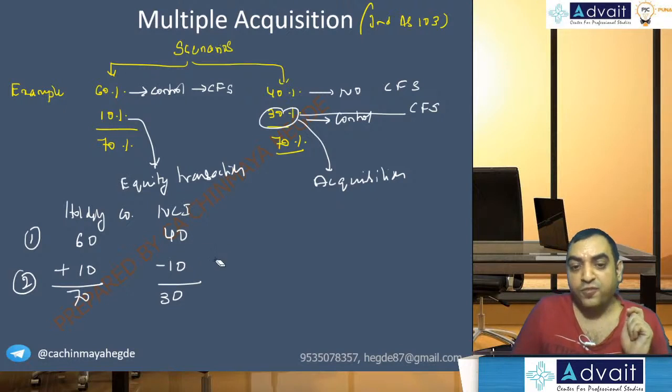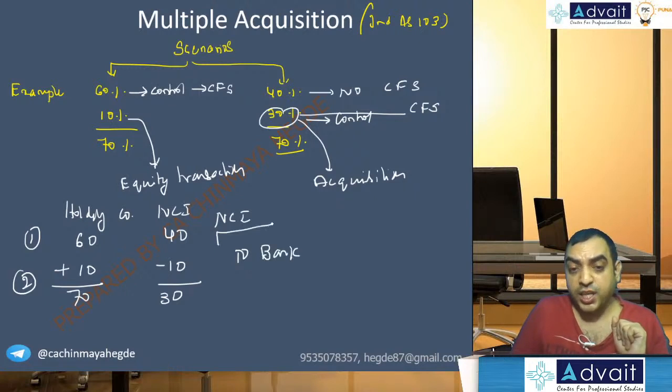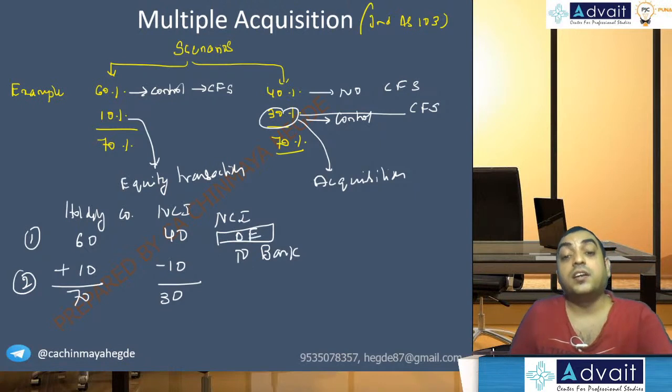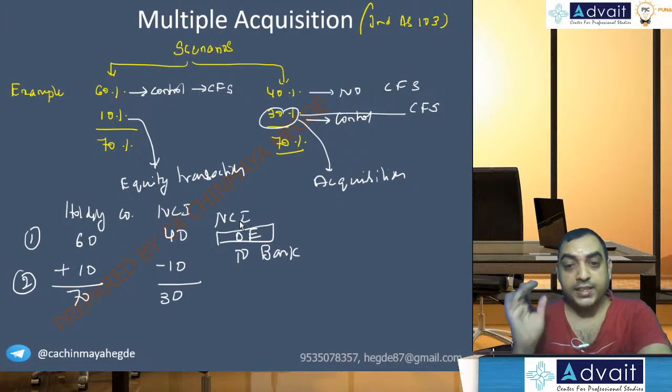So what journal entry do you have to pass? NCI is decreasing, so NCI account debit to bank, and the differential amount, either profit or loss, will be transferred to other equity, reserves and surplus. That's all, nothing else.